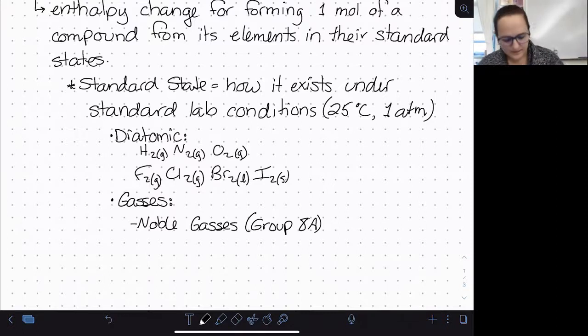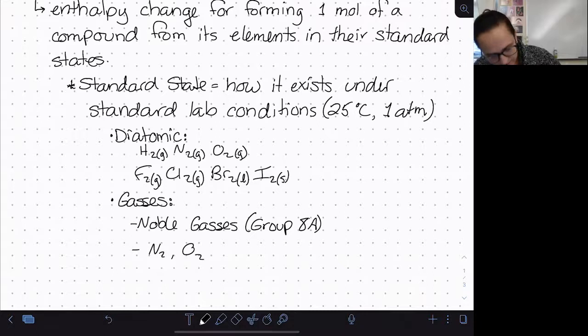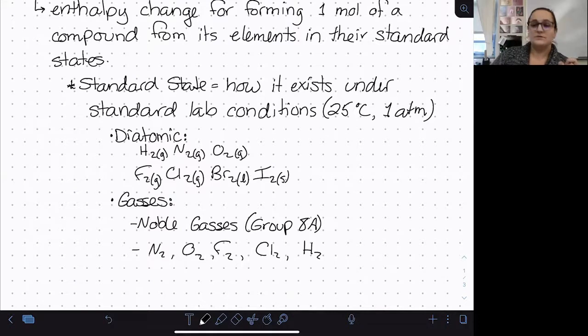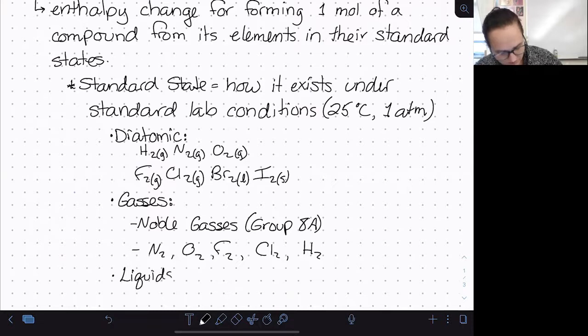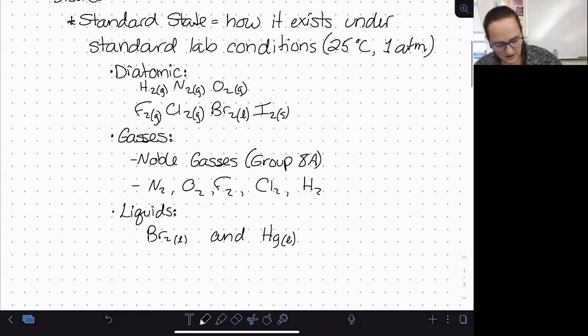So those are all gases, as well as nitrogen, oxygen, the diatomics I just listed as gases, fluorine, and hydrogen. That's all. For liquids, we only have 2. Bromine, I already mentioned, is a diatomic liquid, and mercury is the other one. Everything else is solid.